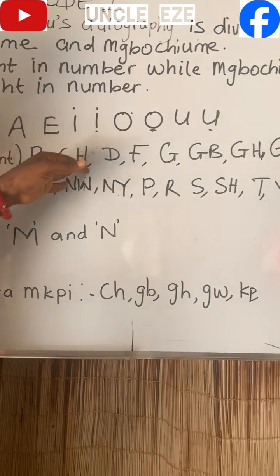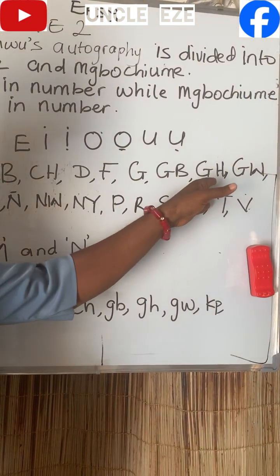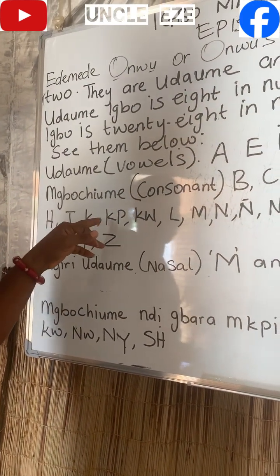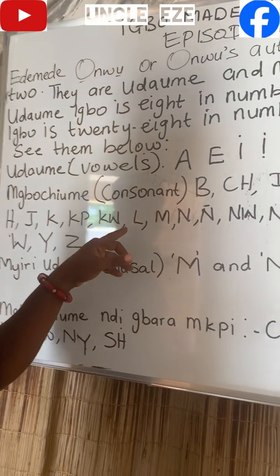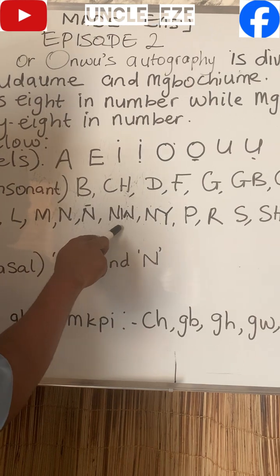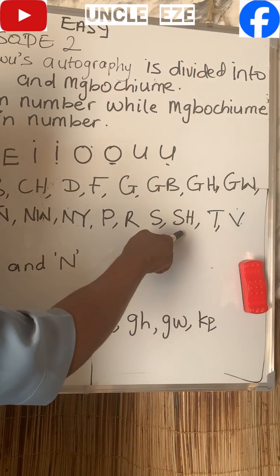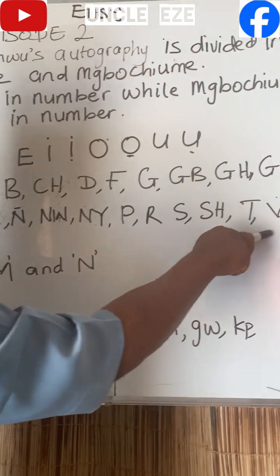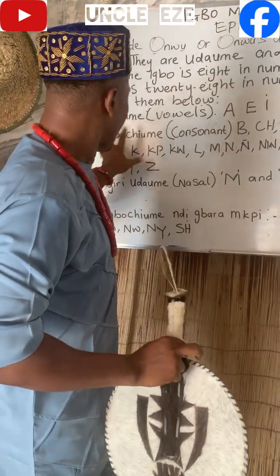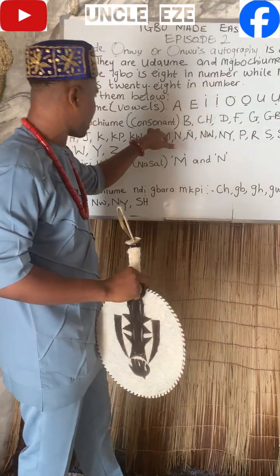B, Ch, D, F, G, B, H, G, H, J, K, B, K, L, M, N, N, N, Nye, P, R, C, Sh, T, V, W, Y, Z. All these letters are called mgbochiume, consonants.